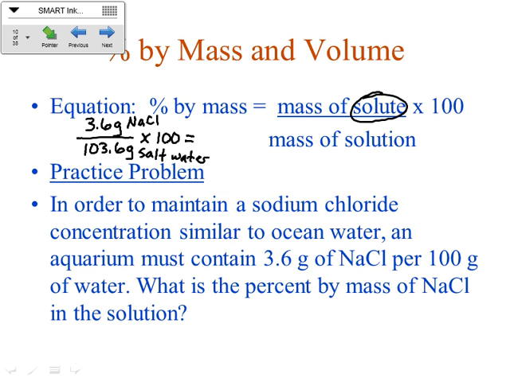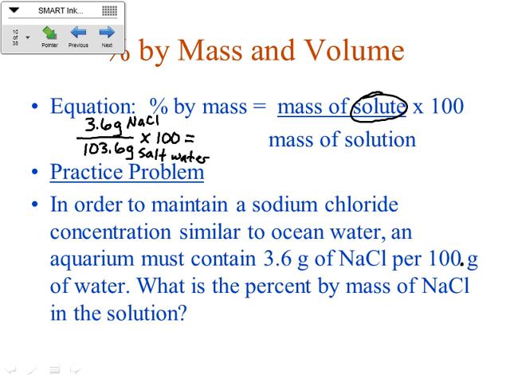3.47 sounds about right. Is that the right number of sig figs? I don't like one sig fig in our answers, and there would only be one if we did it this way.